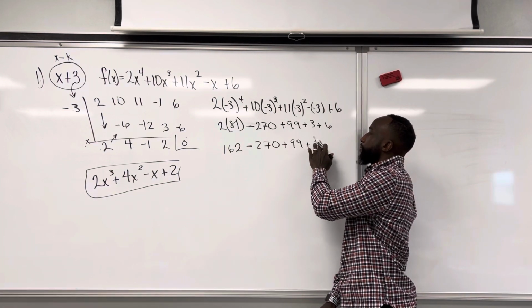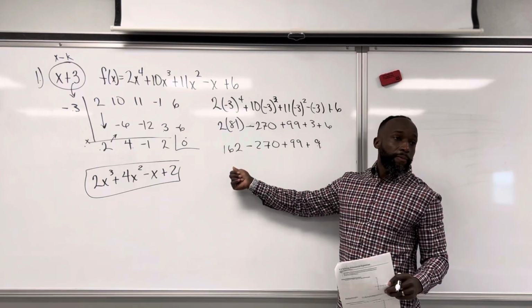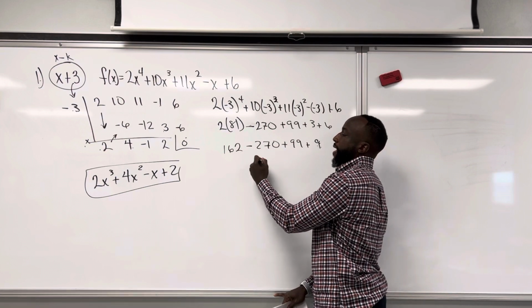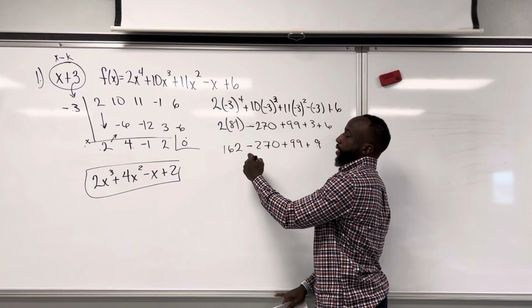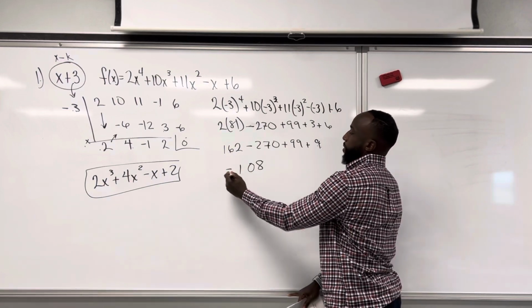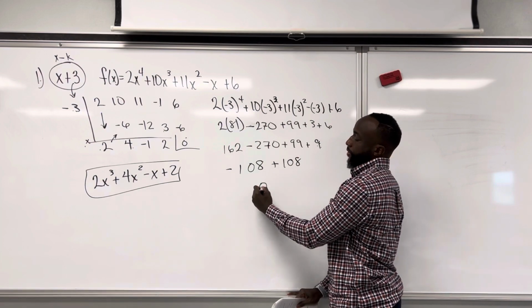Here we go. 162 minus 270 is -108, plus 108. There's your 0.